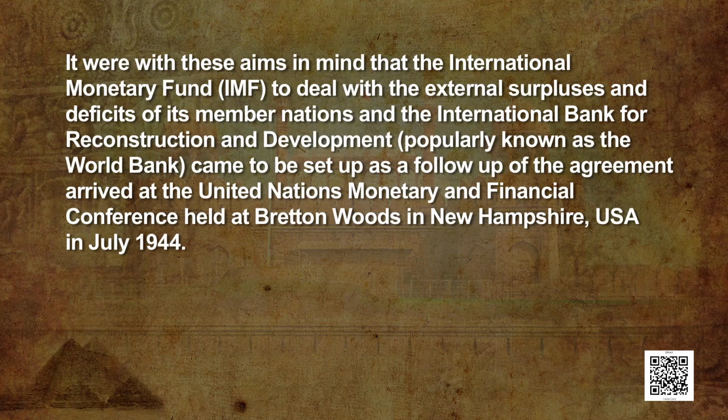The conference was held in the United States of America, in the state of New Hampshire, even as the world was in the midst of the war. So, it was held in the month of July 1944.